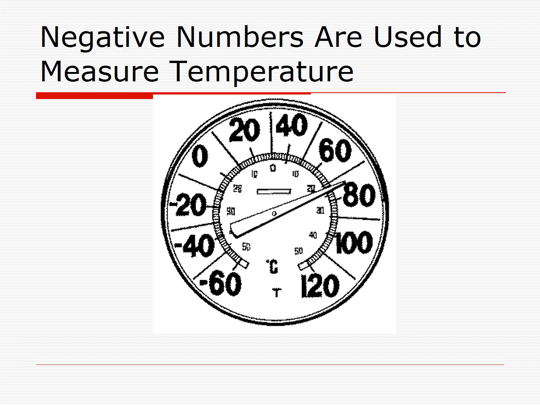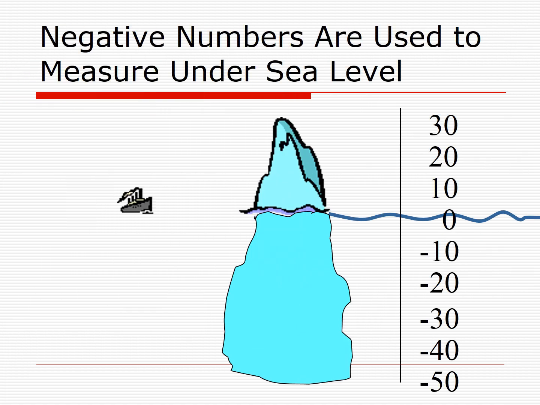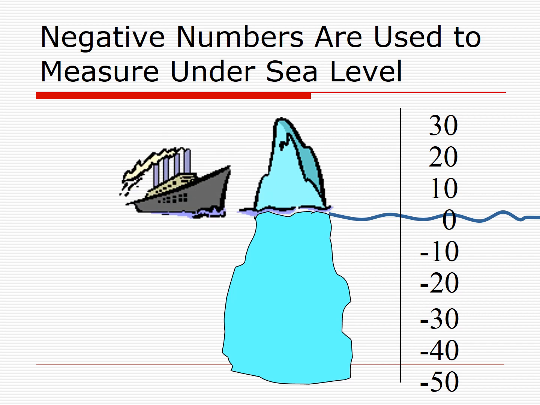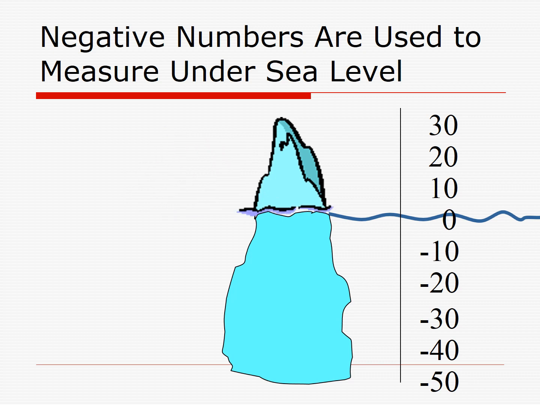So you could be in one of the hill stations and you could say, today the temperature is -5 degrees Celsius. Negative numbers are also used to measure under the sea level. At the sea level we are at 0, and under the sea level it will be -10, -20, -30 and so on. That is below the sea level.